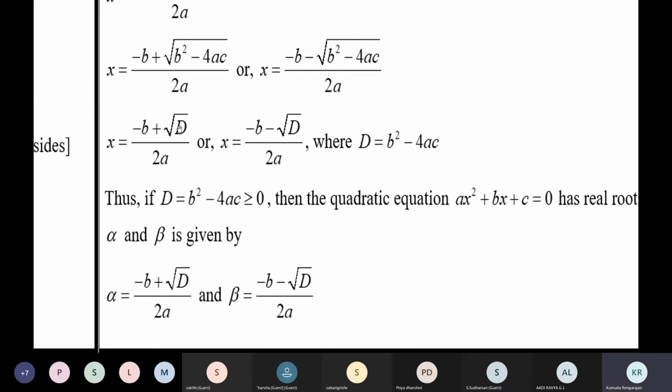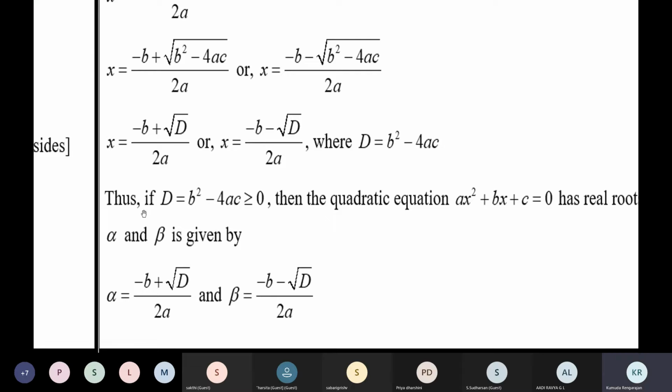When the value of d is 0 or the value of d is positive, then the given quadratic equation will have real roots. Roots exist. But when the value of d is negative, it means that the given quadratic equation has no real roots.